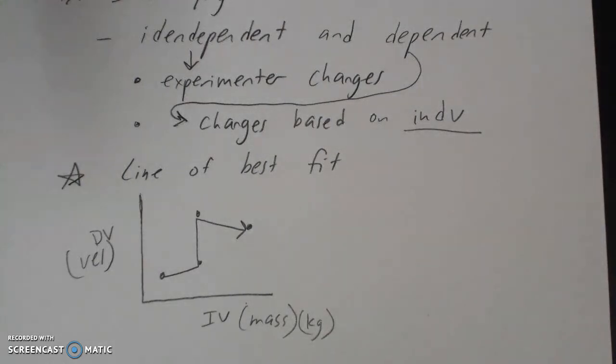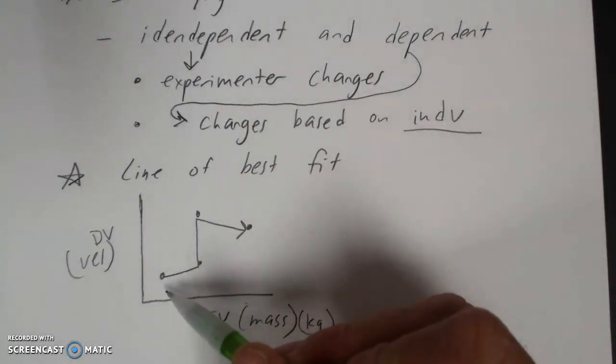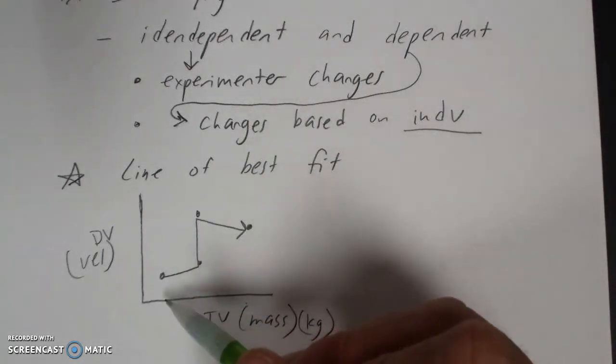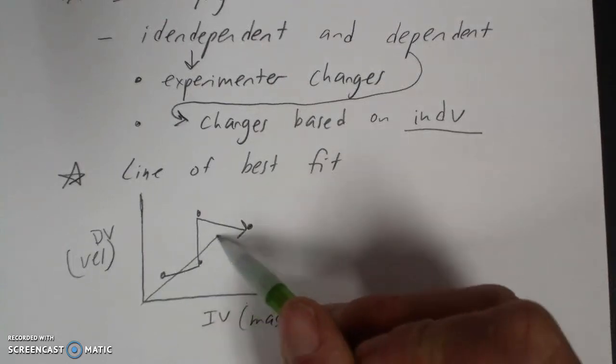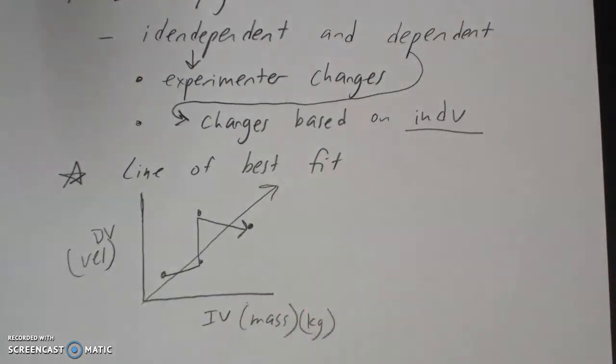With physics, we want to find relationships between variables, and that's done by looking at a trend line. And so freehand, you would take a ruler and draw a line as close to the points as you can to get a sense of what's the trend. Are we increasing velocity as mass increases? Are we decreasing?